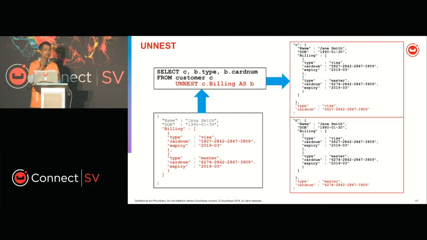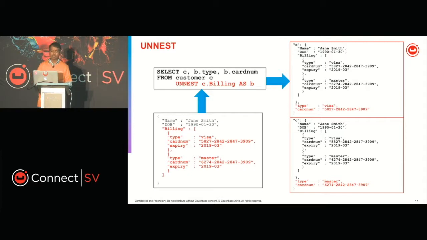Now, for whatever reason, instead of referring to this array of 1, array of 2, I want to flatten it so that I can do further processing. So you do the unnest operation to get this data at the same level as your customer. I say customer C unnest C.billing as B. So the output will be 2 documents, because billing is an array of 2 objects.